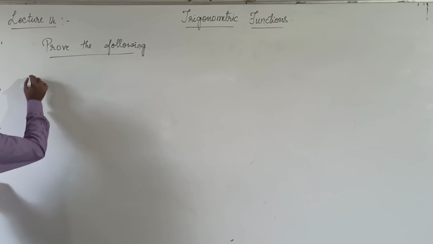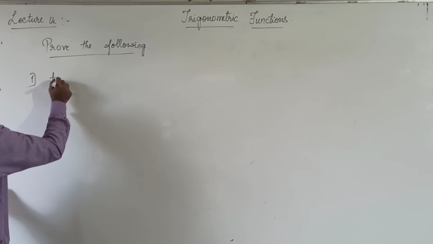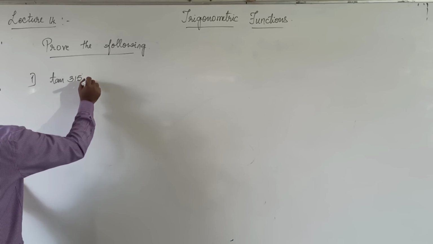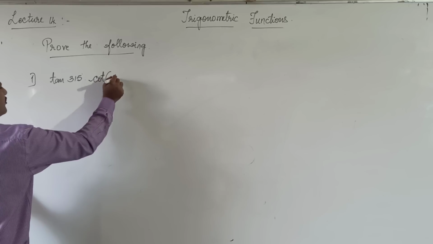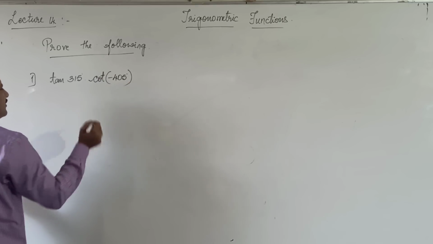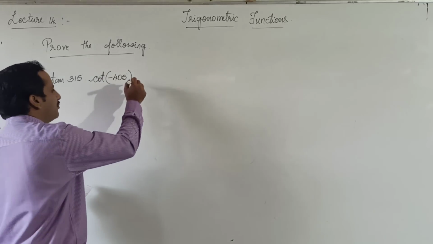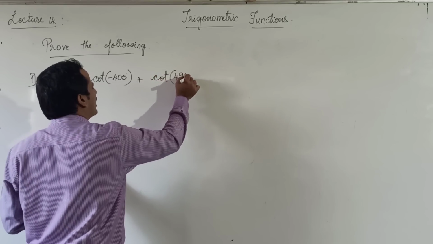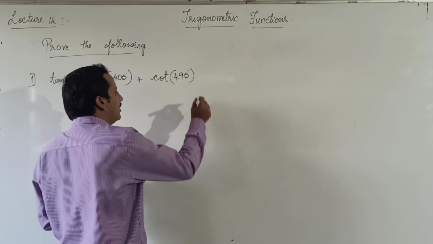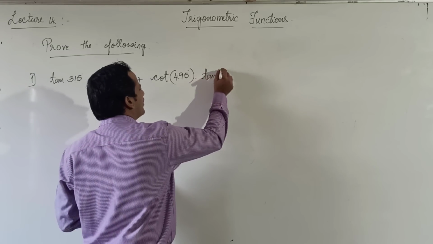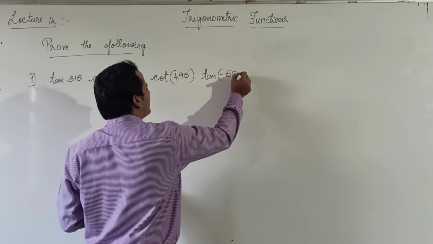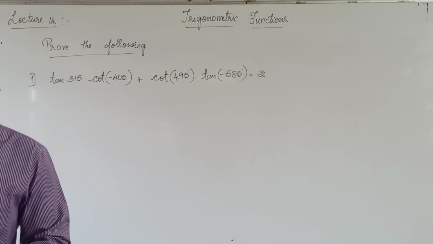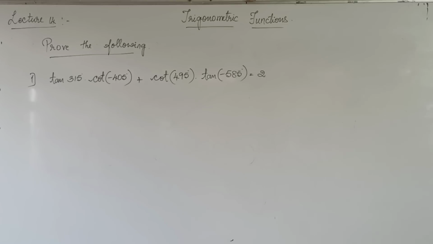First question is tan 315 degree into cot minus 405 degree plus cot 495 degree into tan of minus 585 degree is equal to 2. So you have to show that this is equal to 2.